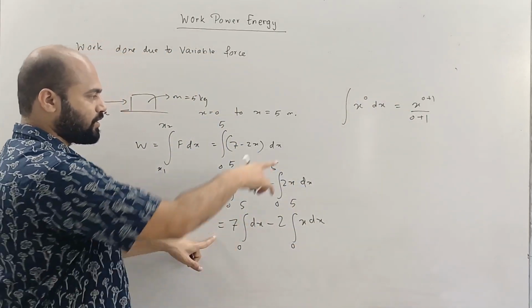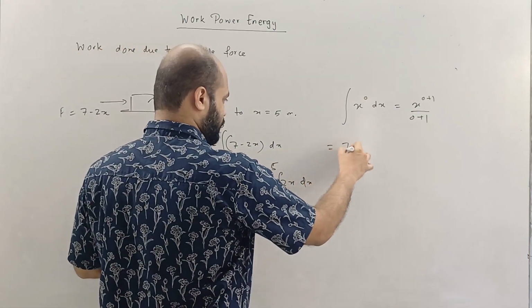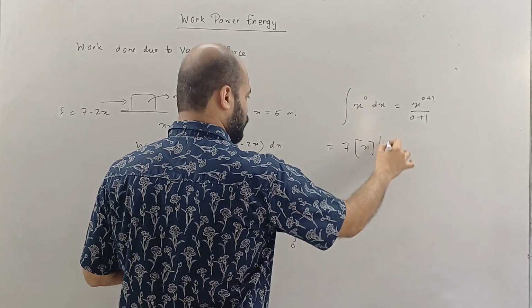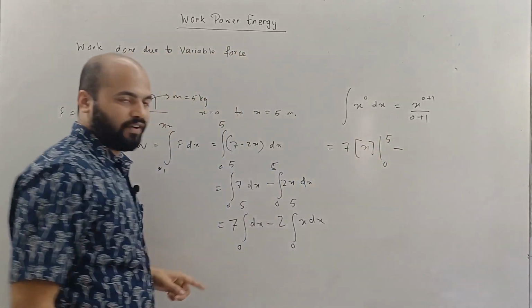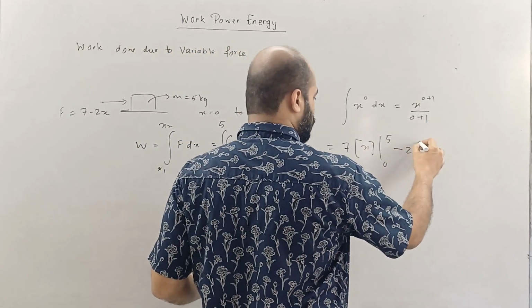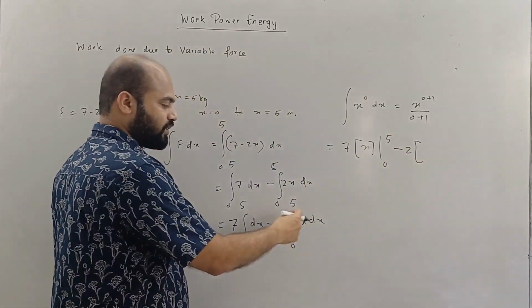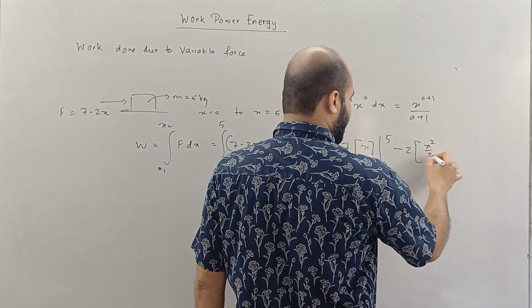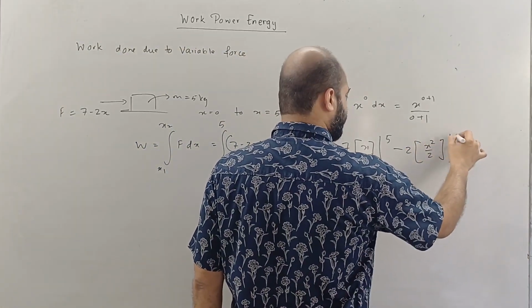So let me continue this over here. 7x from 0 to 5. So 5 is the upper limit, 0 is the lower limit. Minus 2 times the integral of x, which is going to be x square by 2 according to the formula shown, x square by 2 from 0 to 5.